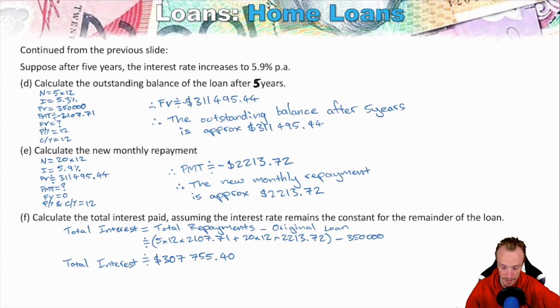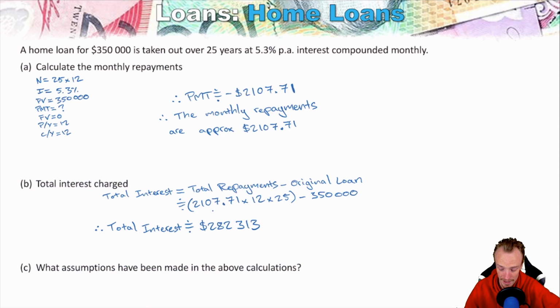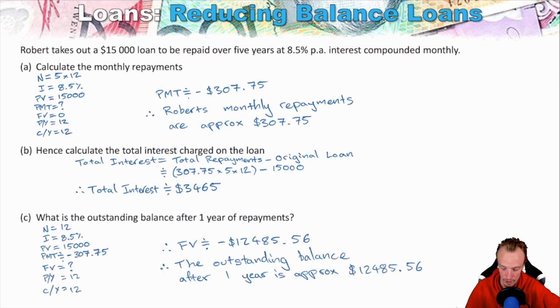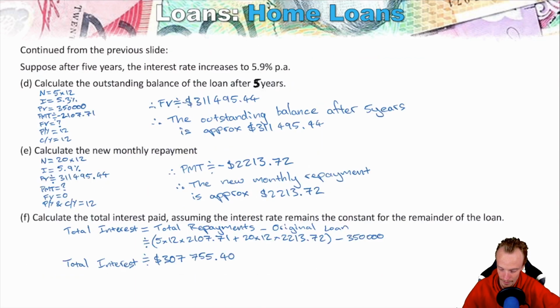And you can see that change here, that increase in that percentage, just that 0.6 of an increase, changed it from the total interest being $282,313 to, hang on, that was last video, to $307,755. Like, that is a significant increase because of that interest rate change. And that's something that you've got to really think about when you're taking out these loans.